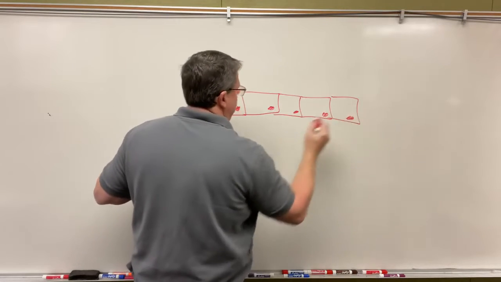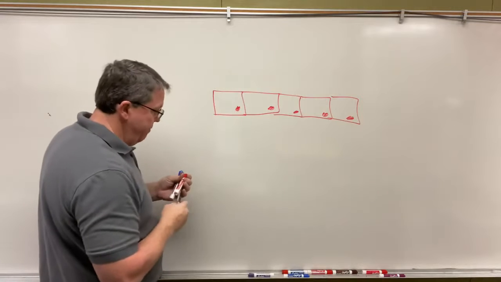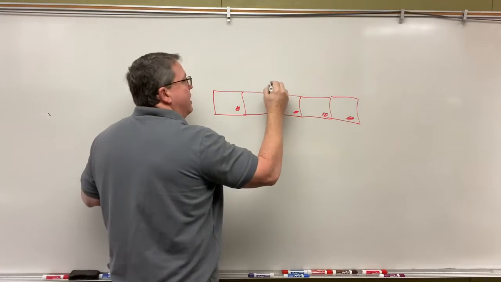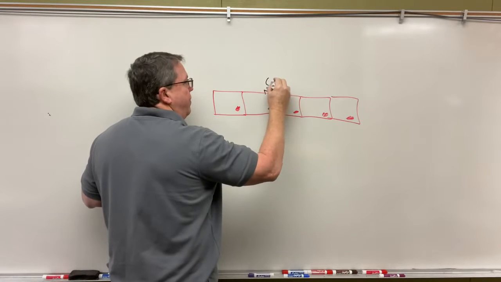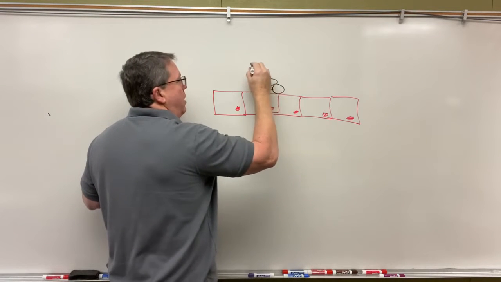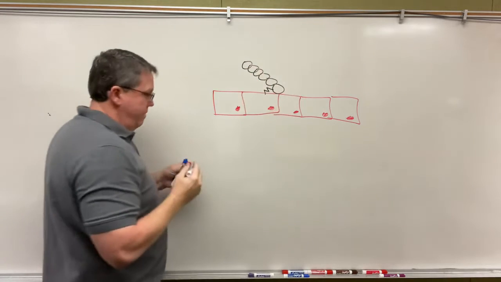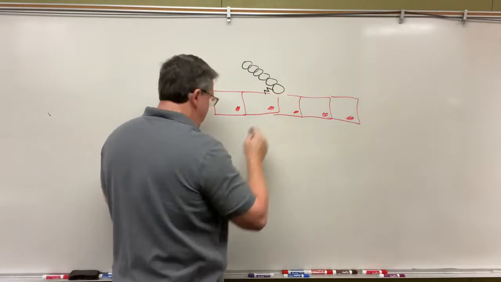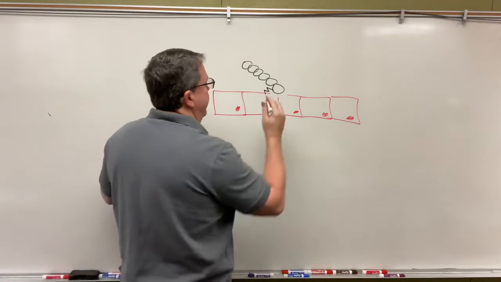All right, these are my throat cells. And what will happen now is my strep with the M proteins will attach onto this. All right, and when it attaches onto it, it's actually going to start to damage the tissues that are in here.